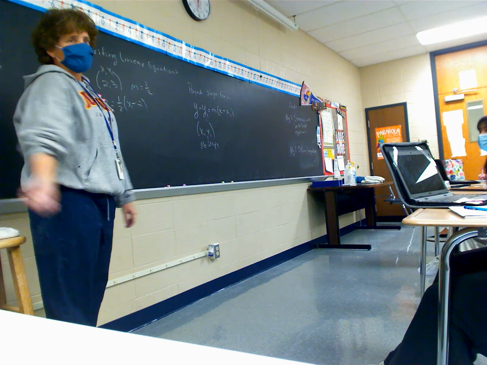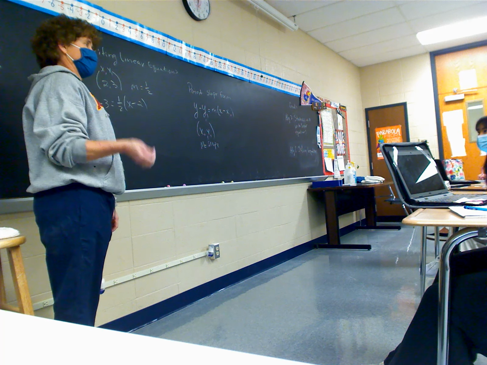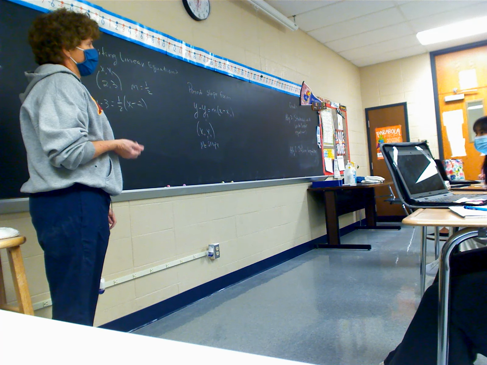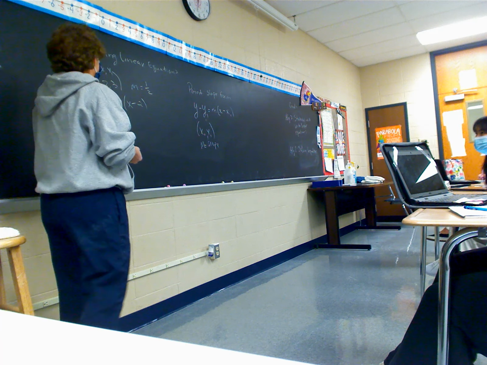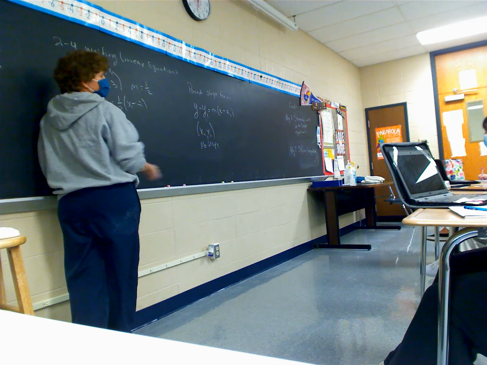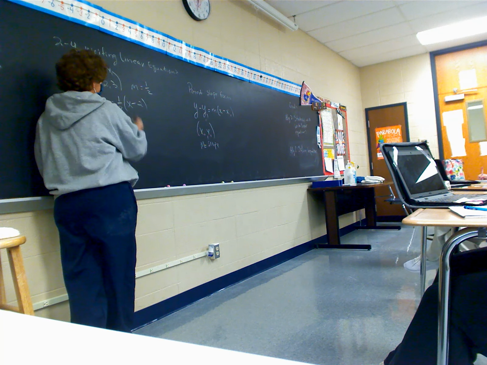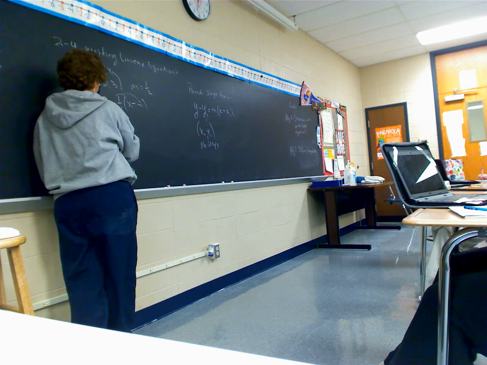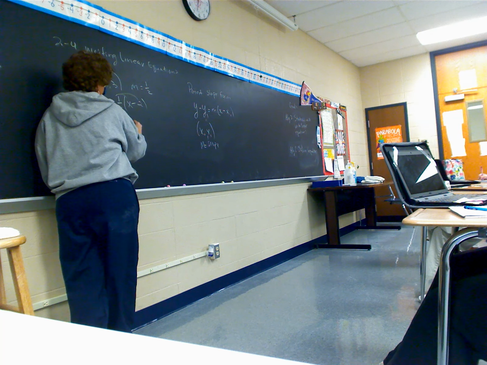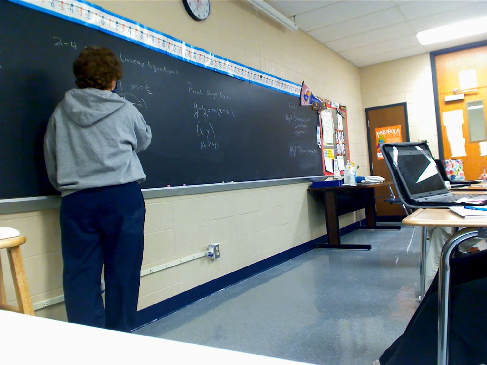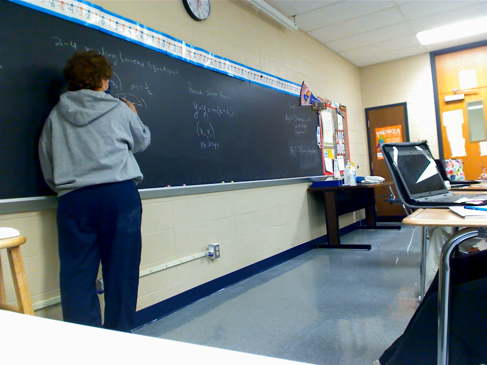What should I do first? We need to distribute. You need to distribute this 1/2. You have to take care of the parentheses. So y minus 3 equals 1/2 x, and that's okay that it's a fraction because it's a slope. 1/2 times -2 is -1.